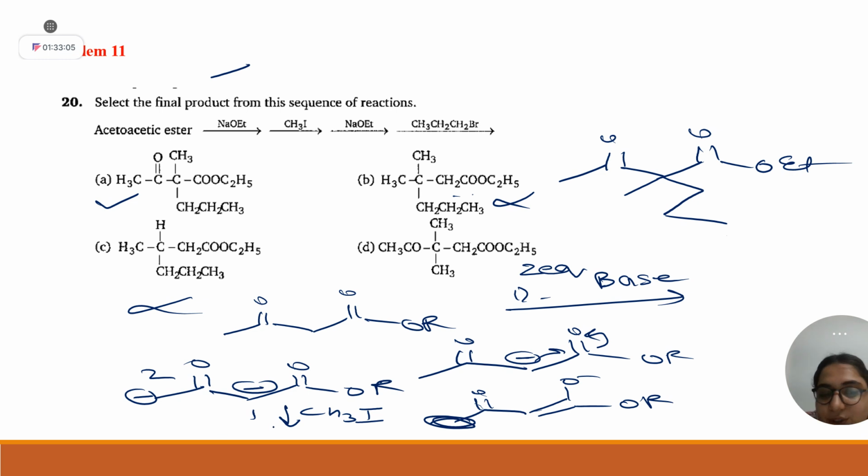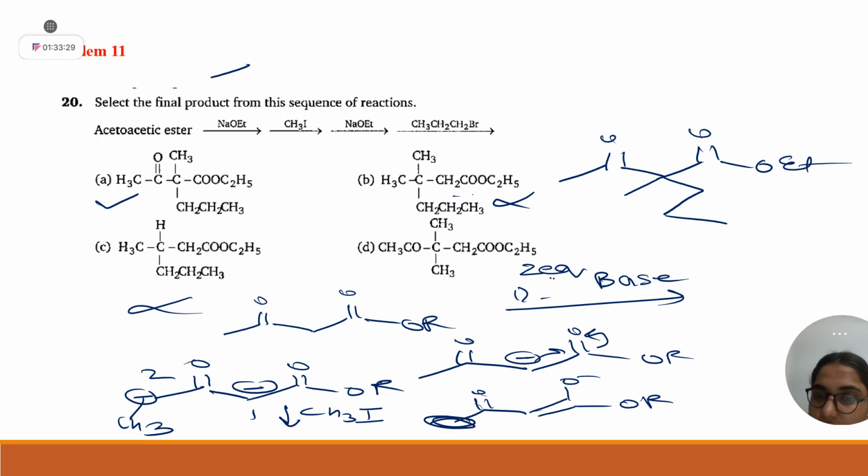First one. No, students, carbon number 2. Why? Because the less stable your carbanion, the more reactive it will be. Yes or no? Yes, ma'am. Among these two carbanions, this one can be stabilized by these two groups, right? But this is not stable, so instantly it will take this methyl. So this thing you should remember.